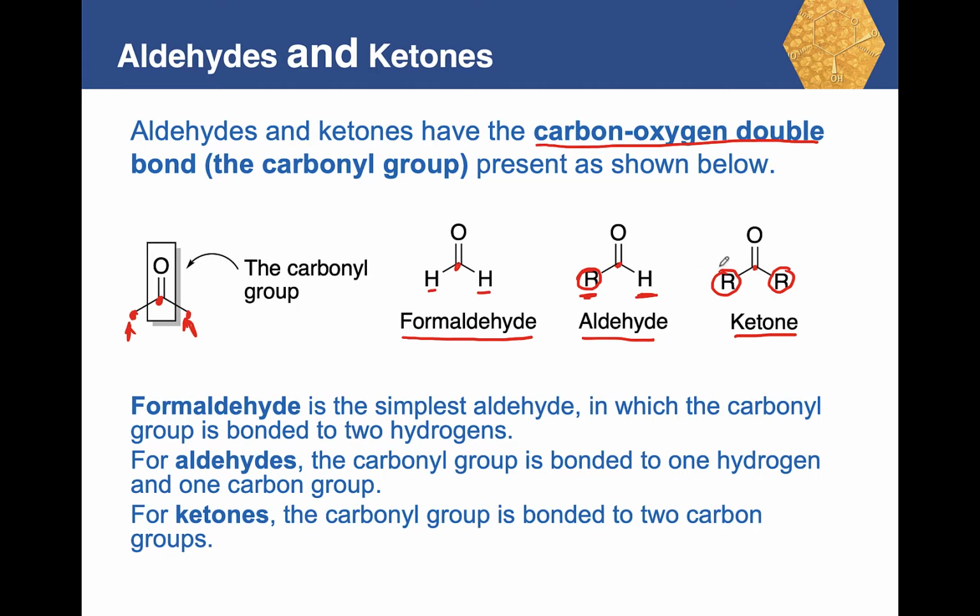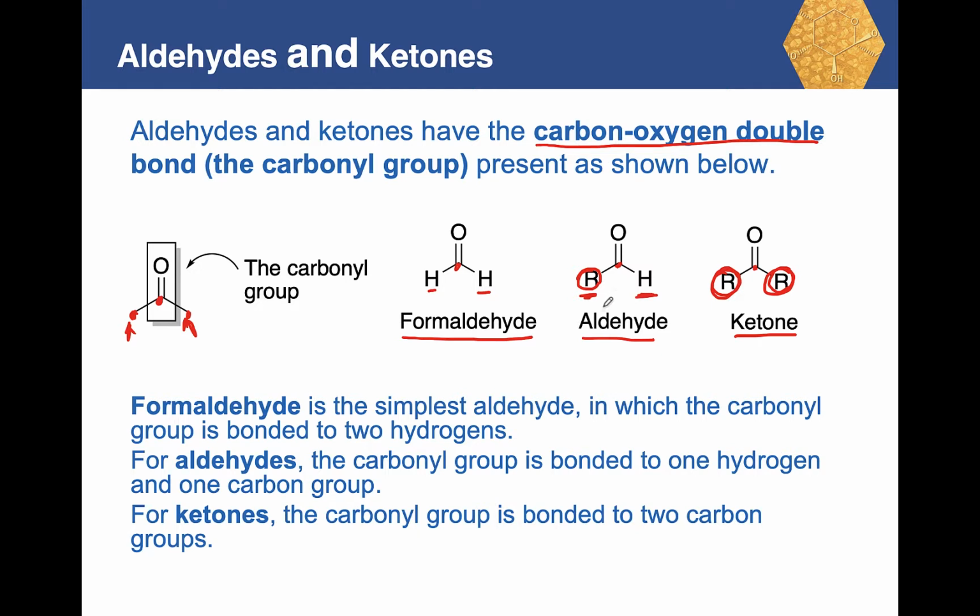As you've seen, if this were an oxygen, that would be a totally different functional group. It could be an ester or a carboxylic acid. So if it's bonded directly to a carbon-containing group, it could be an aldehyde or ketone depending on if a hydrogen is present also.